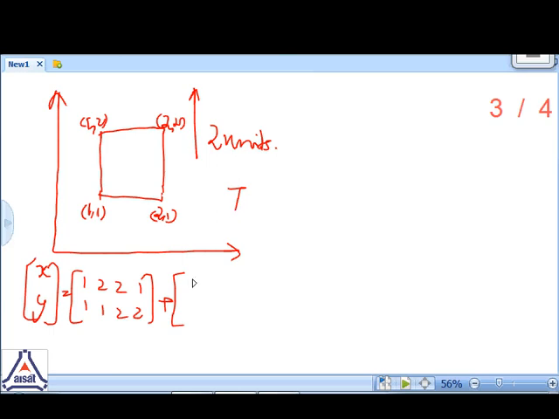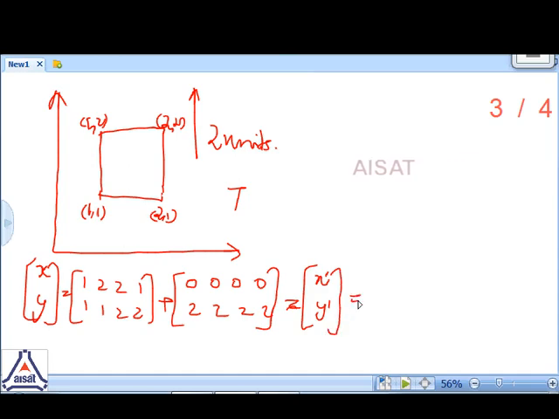So the adding matrix will have all the x coordinates 0. Then I am adding 2 units in y coordinates, just opposite of the previous example. The resultant, denoted by x dash and y dash, is 1, 3, 2, 3, 2, 4, 1, 4.